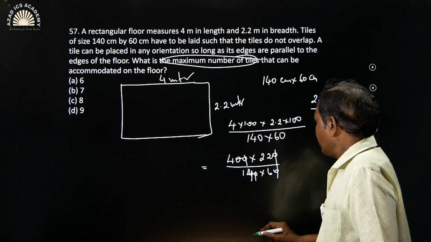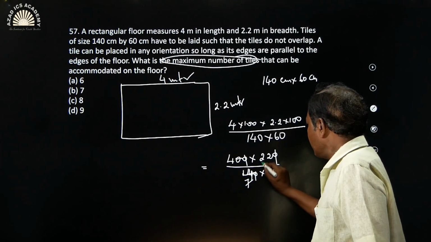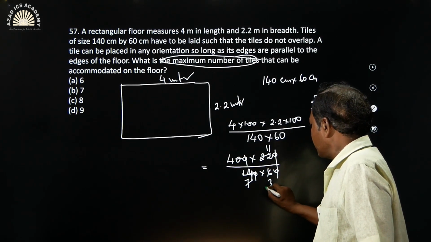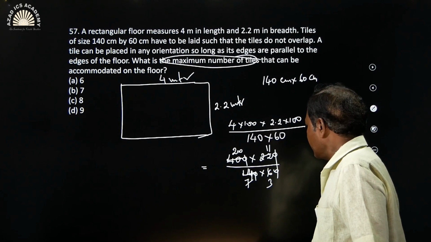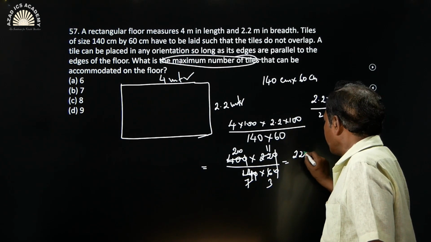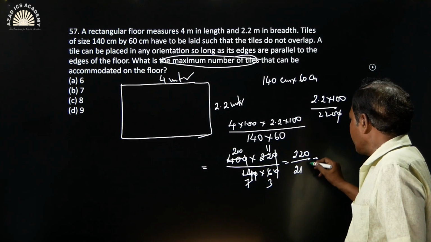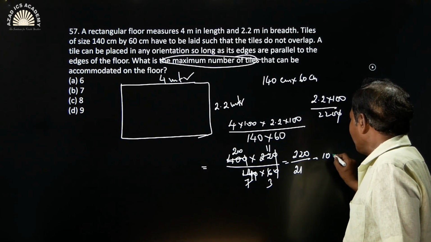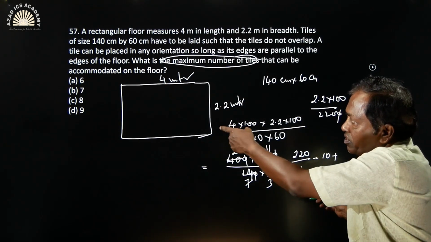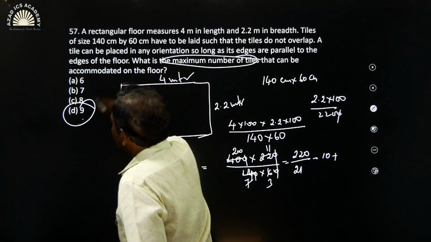Now, this is 2 7s, 2 11s are here, and 2 3s and 2 20s you can see here, and both are prime numbers. 20 into 11, 220 by 21, the maximum is 10 times. 11 times is not possible, but actually the highest option is 9. So this is the right answer.